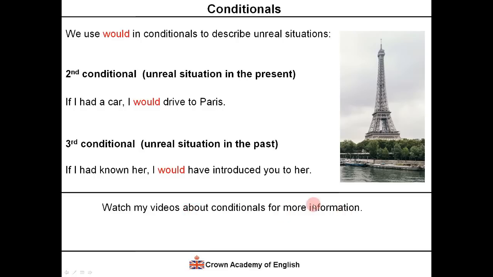I have several videos which explain this and this in more detail. And the link to these videos is in the description of this video and at the end of this video. Okay? But just to understand that we use would in the second conditional and the third conditional.